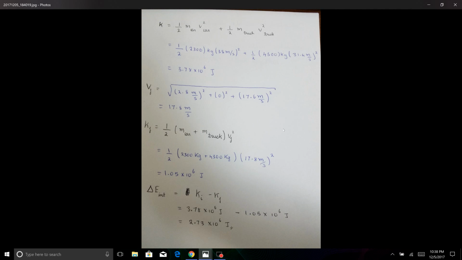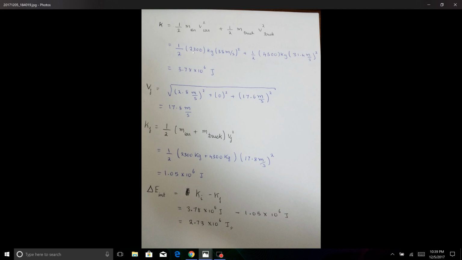Once I found the magnitudes of the velocities, I used this formula where K is the total kinetic energy of the car-truck system before the collision: one-half mass of the car times velocity of the car squared, plus one-half mass of the truck times velocity of the truck squared.